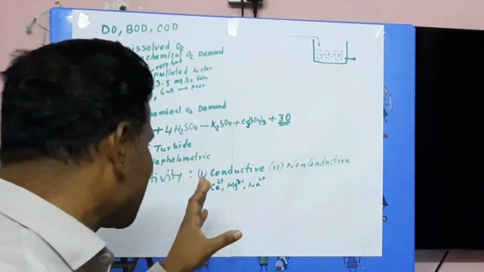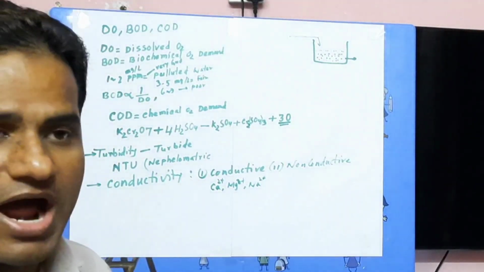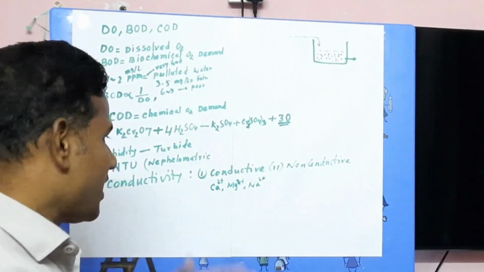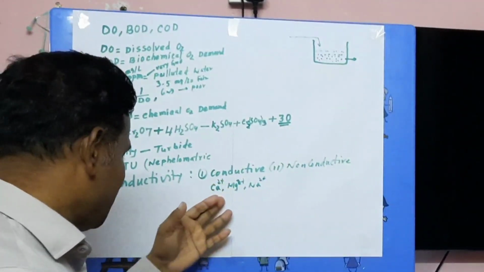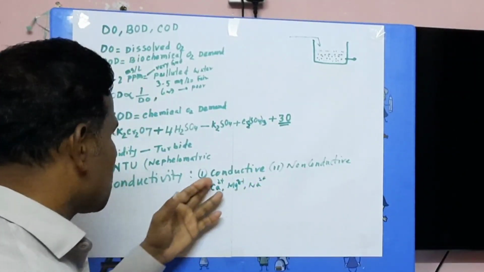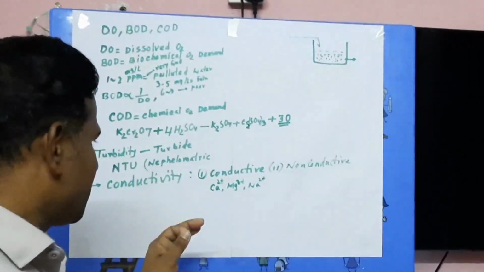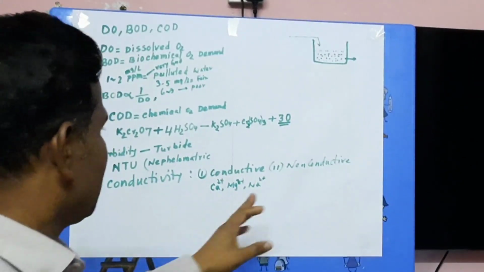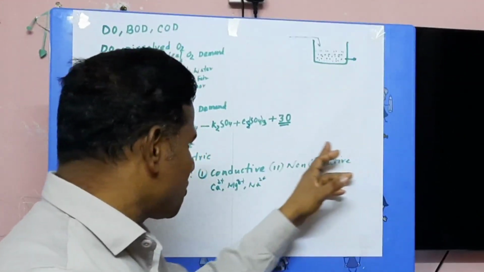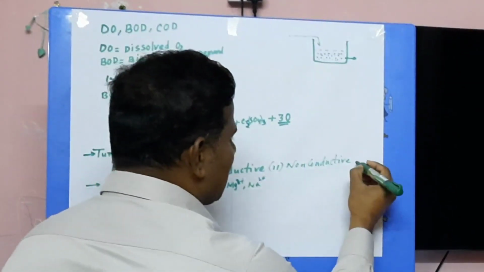If conductive compound or hardness or ion is available in the water, it is called conductive compound. That time you can measure conductivity. But if ions are not available in the water, it is called non-conductive compound, like sugar.